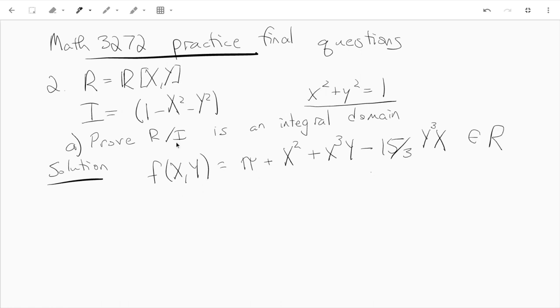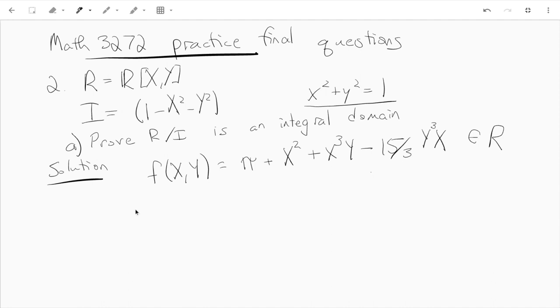And what's an element of R mod I? Well, it's these polynomials, but under the equivalence relation where f equals g if and only if f minus g is in this ideal, the one generated by 1 minus x squared minus y squared. And what is the thing we usually do?